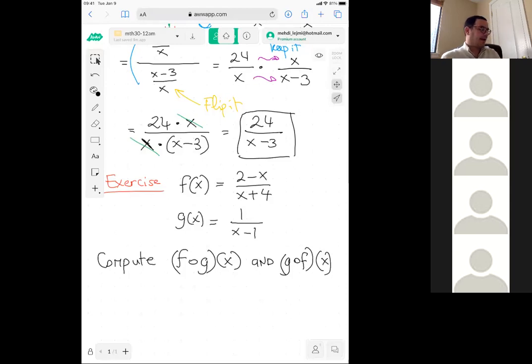Yeah, I have to solve the problem. So you have to compute f composed with g and then g composed with f.